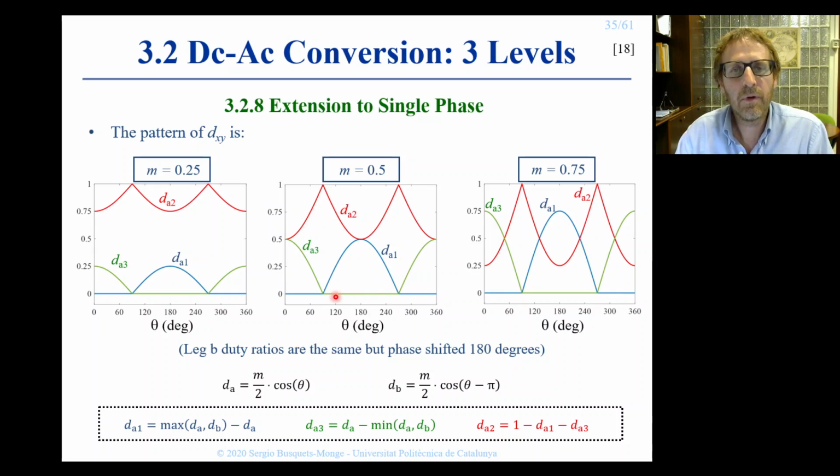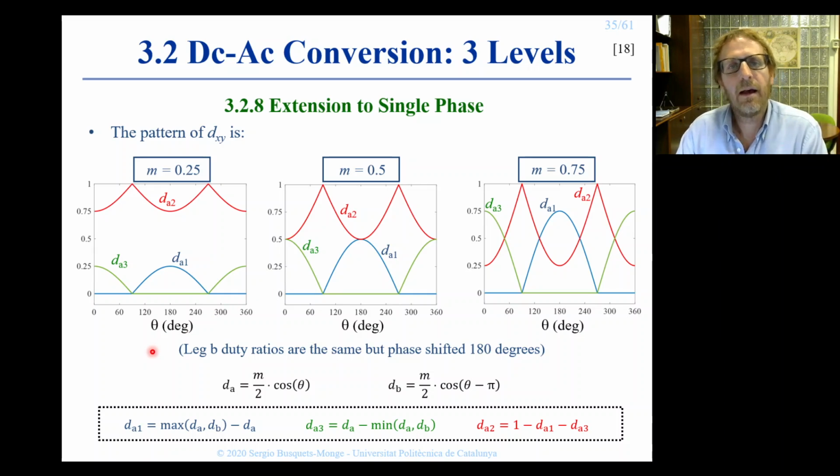They are even simpler than in the three-phase case. Pay attention that the duty ratios of connection to points 1 and 3 are now simply portions of a sinusoidal function. DA2 again can be obtained knowing that the addition of the 3 duty ratios is equal to 1.